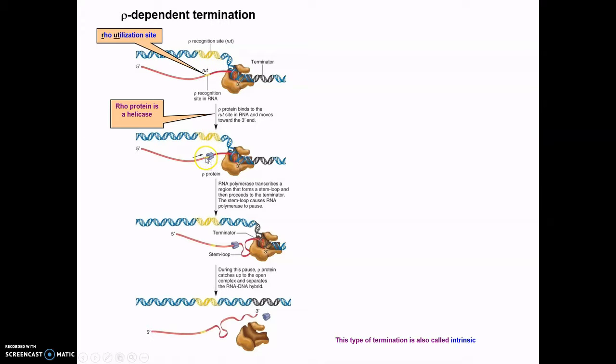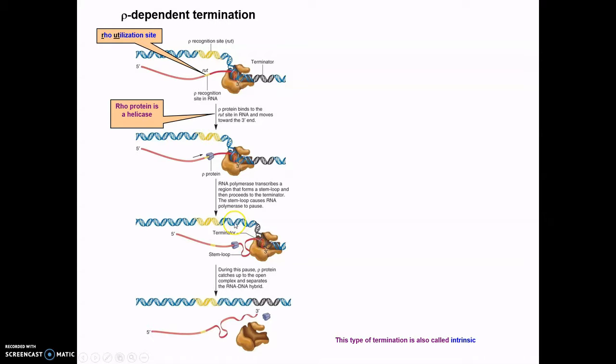So as soon as it assembles, it will start motoring up the messenger RNA, and provided that it never catches it, nothing will happen. Well, also in the sequence of DNA, there is the coding for the formation of a stem loop in the messenger.